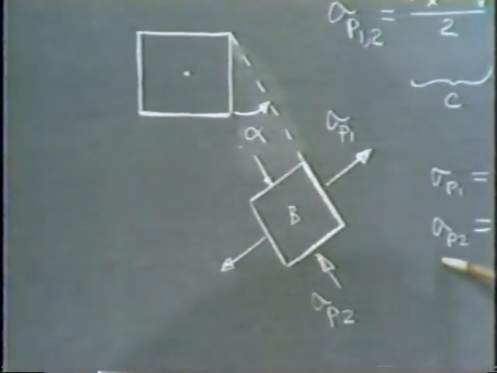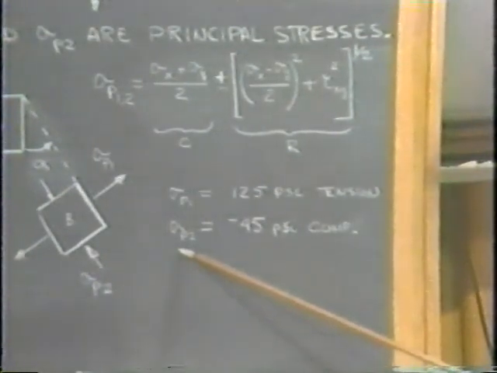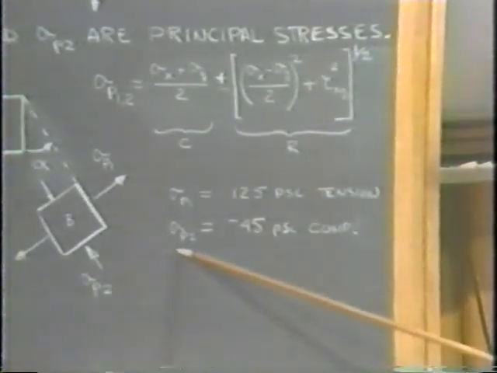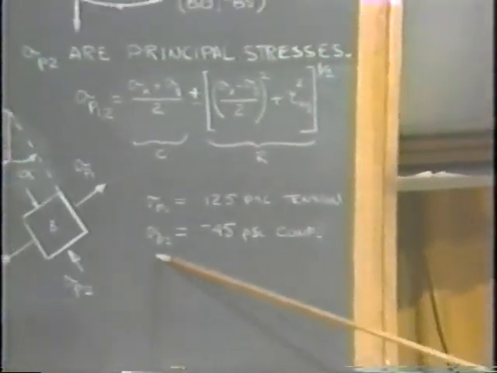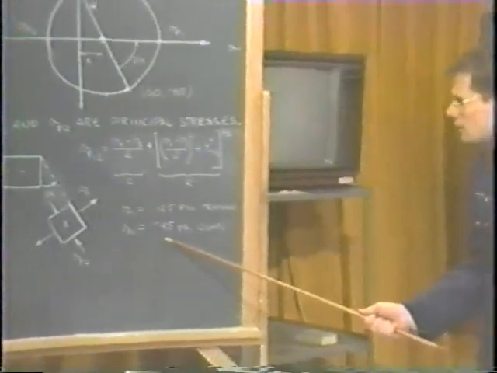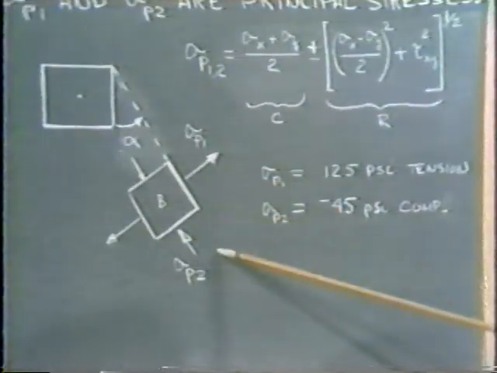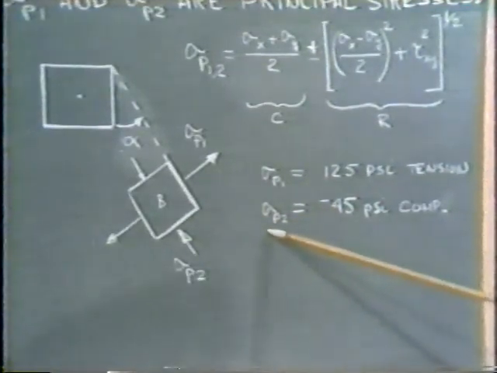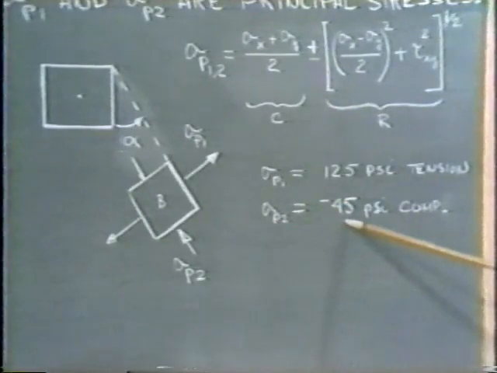For the two values of the principal stresses, I use the formula above, and in the example we've been using before, we find that the principal stress through the neutral surface on the right side of our beam at the wall is 125 pounds per square inch in tension, represented by this direction. And in this direction, sigma P2, the second principal stress, would be minus 45 pounds per square inch.